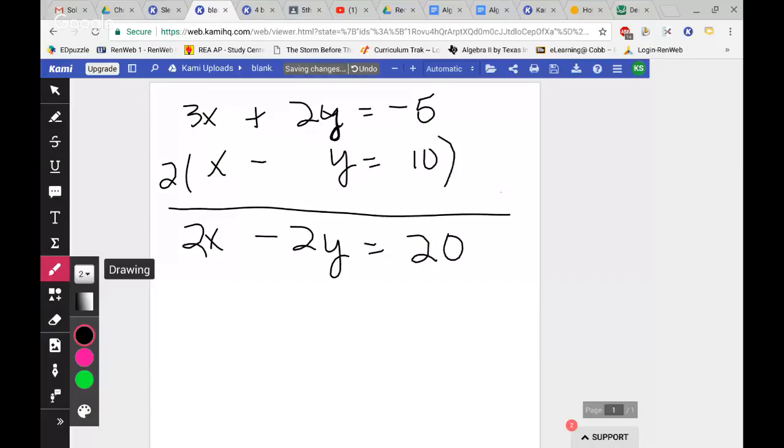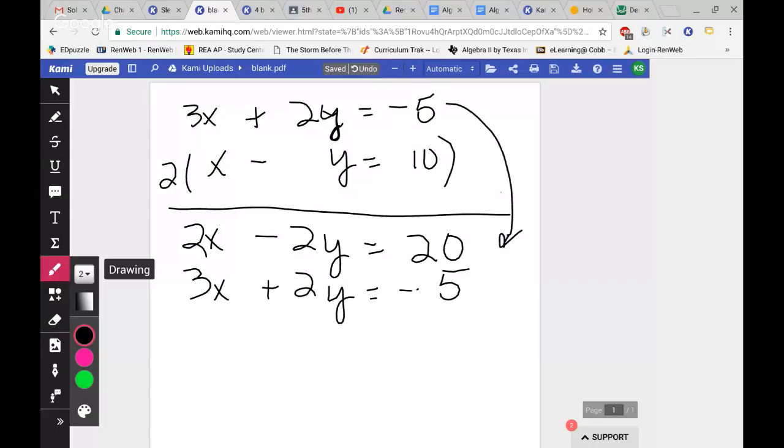Okay, so now that's that second equation rewritten with everything multiplied by a 2. Now, just to make it a little easier to add and subtract, I'm going to come down and rewrite that first equation so that they're perfectly lined up right next to each other. So maybe it'll make it clear exactly why I did it.